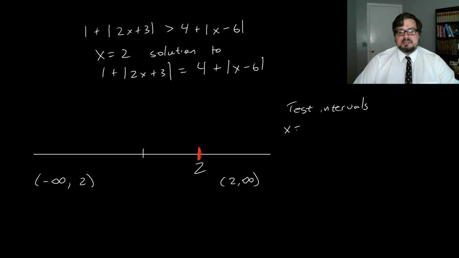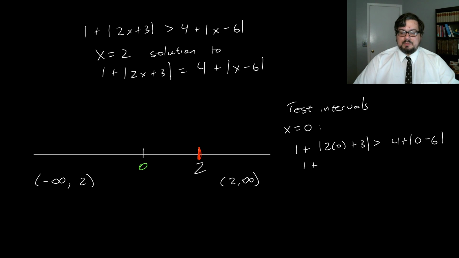So let's test the number x equals 0 from the first interval, because that's usually easy to work with. And we'll plug it into the original inequality. We get 1 plus the absolute value of 2 times 0 plus 3 is greater than 4 plus the absolute value of 0 minus 6.